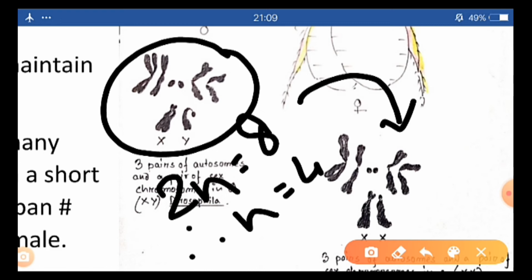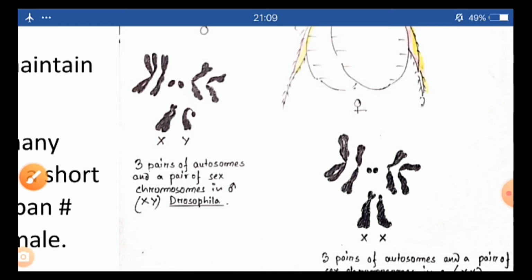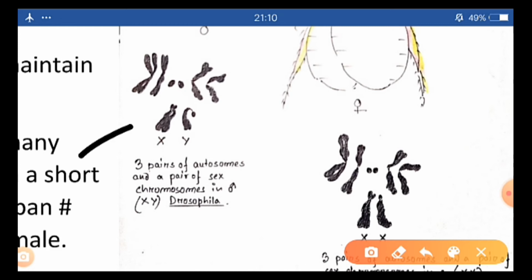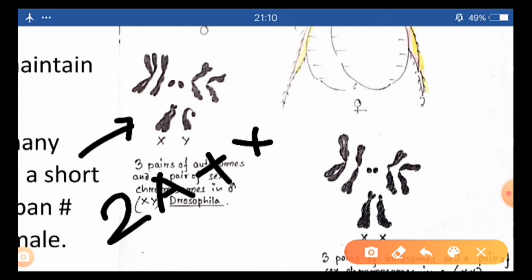Now if we study the expression of the male and female Drosophila, then it is clear that the male Drosophila is described as 2A plus XY, where A equals 3.